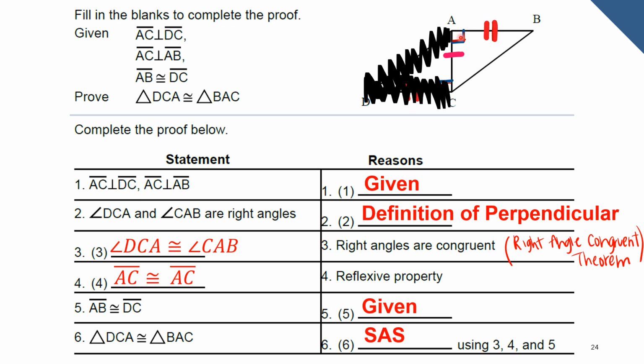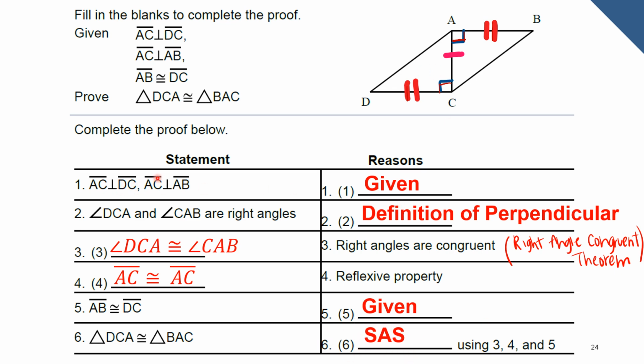So side, angle, side. All right, so both triangles are using the same postulate, side, angle, side. You can put side, angle, side or side, angle, side postulate. Either way would be fine. But that is the postulate that allows us to prove that those two triangles are congruent.